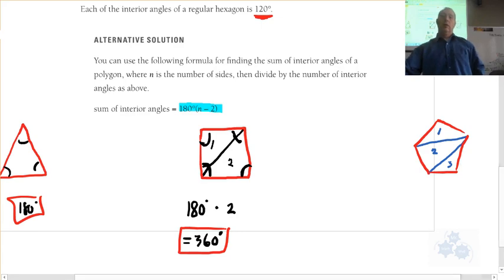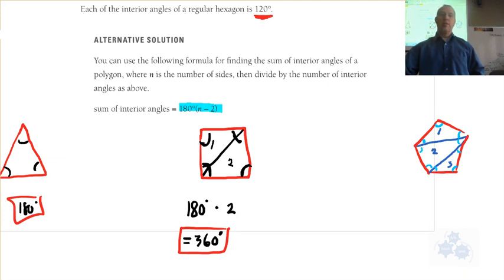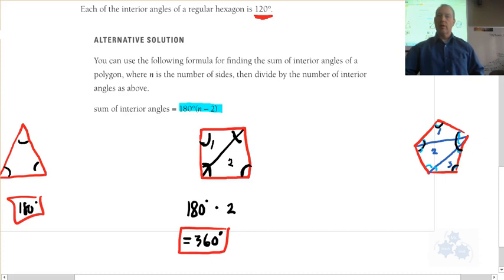Okay? So let's see. There's an angle there, an angle there, an angle there, for the one triangle. For the second triangle, I have these angles. The third triangle, I have these angles. So if we add all of those angles up, I have this one, this one, this one, this one, and this one. So guess what?